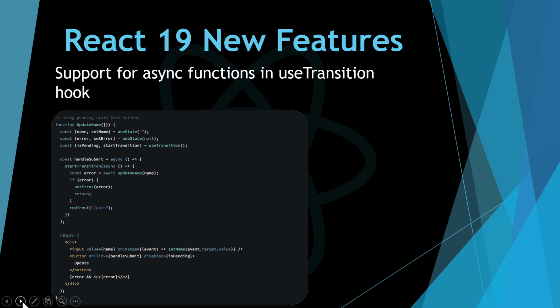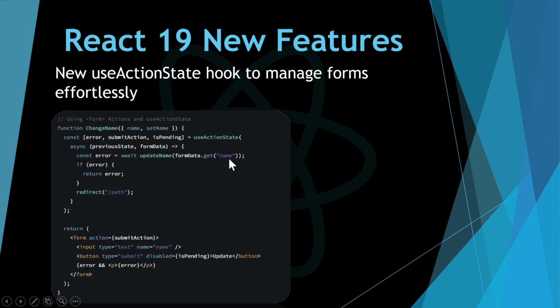Move on to the next feature, the new useActionState hook. So what is this useActionState hook? Let's see. It is saying that you are having some asynchronous operation in which you are updating the name, and the submit action means you get full access to the form data.